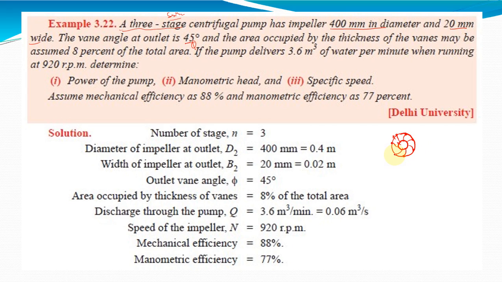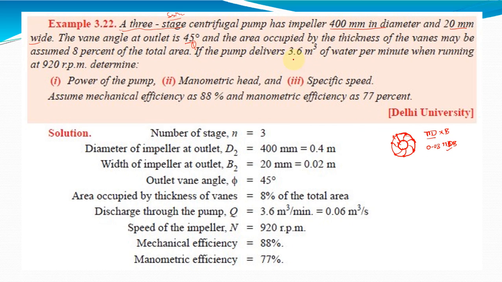If you sum up all these areas, it will be 8% of the total peripheral area. If you know the outer diameter, the peripheral area at the outlet will be perimeter into width of the impeller, pi D b. So 8% of this is 0.08 pi D b. This is the area occupied by the vanes at the outlet.